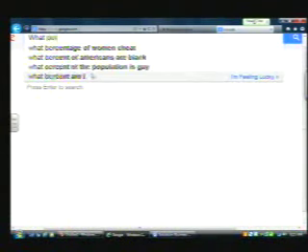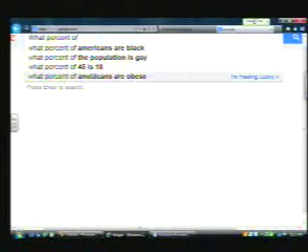What percent of lottery winnings do you keep? This is a good one here. What percent of lottery winners go broke? All of them. Almost all of them, especially after 10 years. After 5 years, most of them are broke.